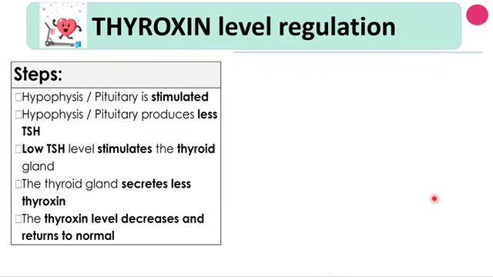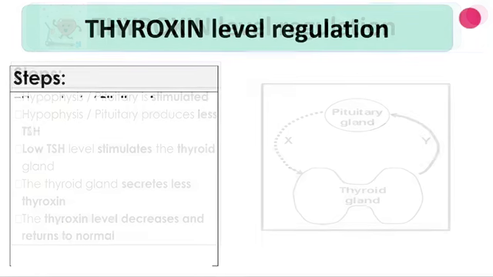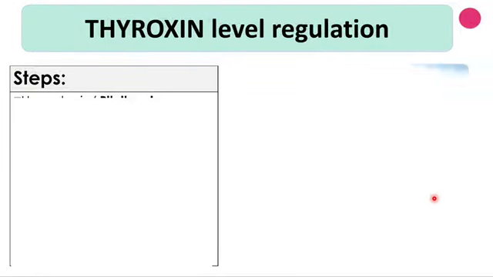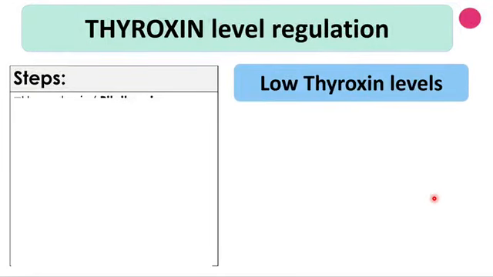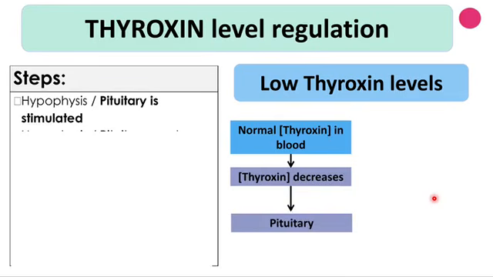Right. Then in an alternative situation, if there's very little thyroxine in your blood, I'll come back to that picture in a minute. So that's the normal level, and the thyroxine level decreases, again we start right at the top. So the pituitary gland will be stimulated.